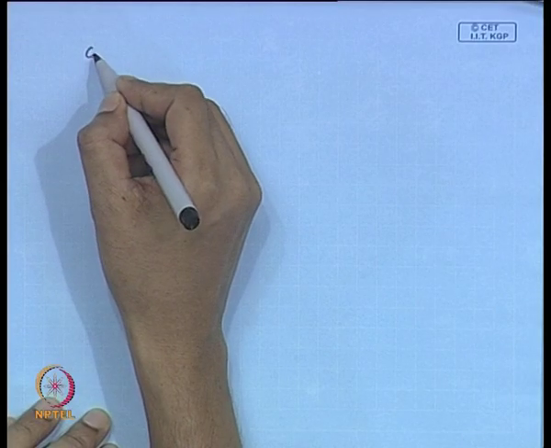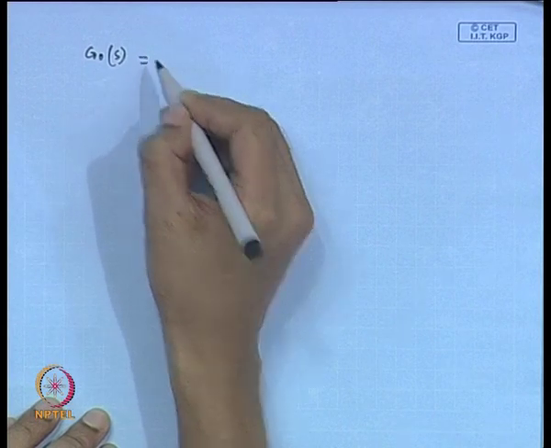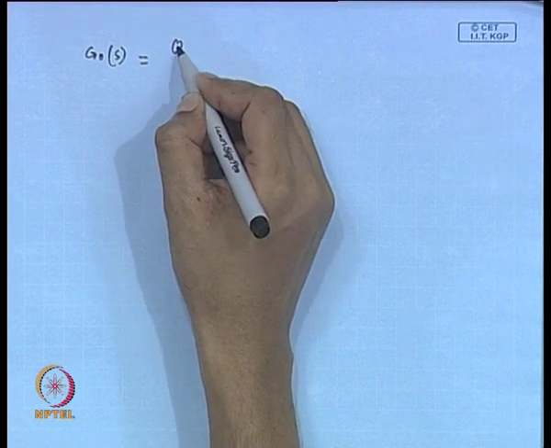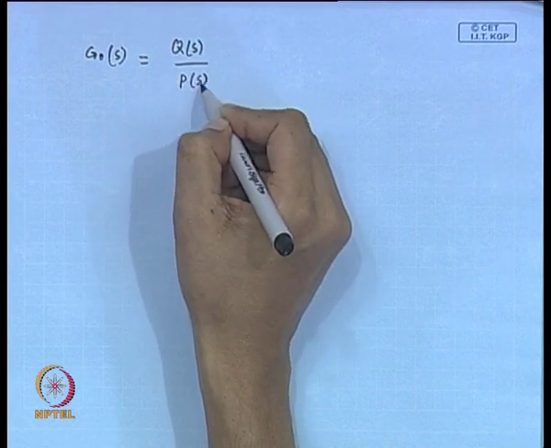Now, it was discussed earlier, and we commented, that it is convenient to represent the transfer function as the ratio of two polynomials. It is easy to analyze the transfer function by representing it as the ratio of two polynomials, and that is like G naught s equals Q(s) divided by P(s).